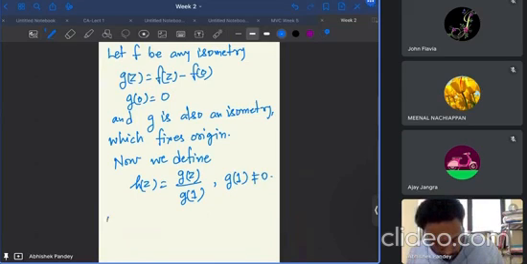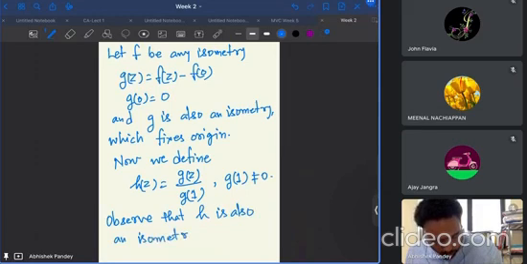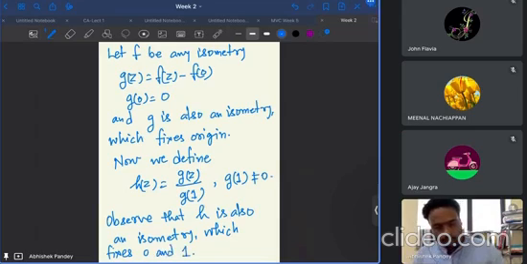Now observe that h is also an isometry. h(0) is 0 and h(1) is 1, so h fixes 0 and 1.